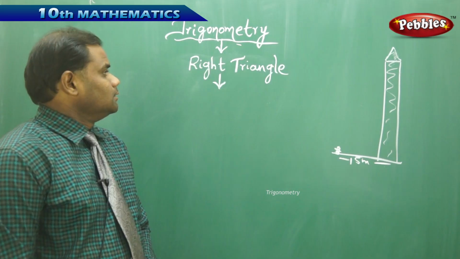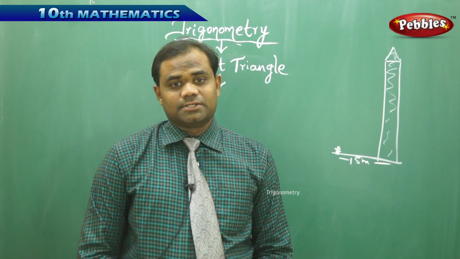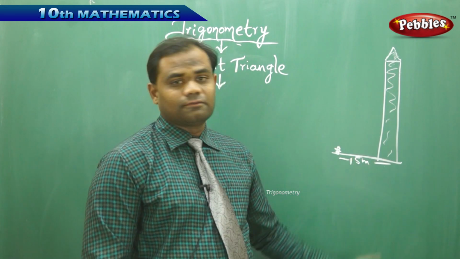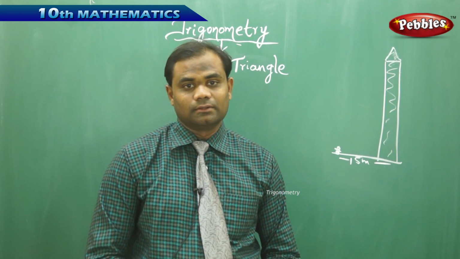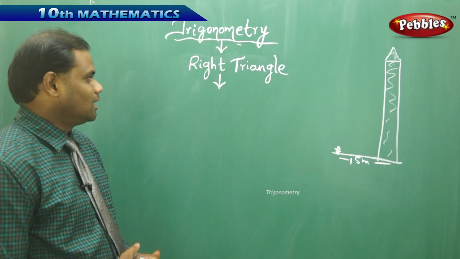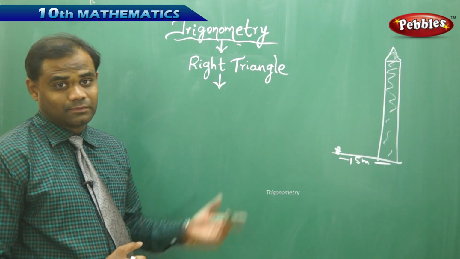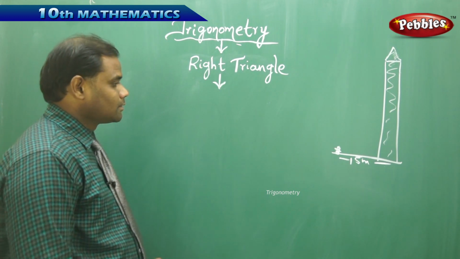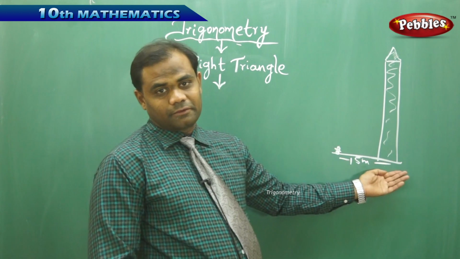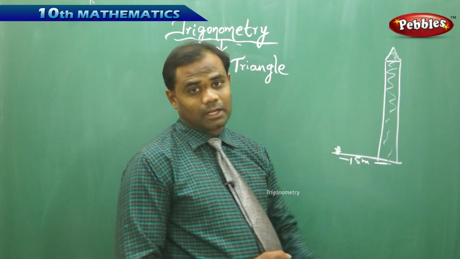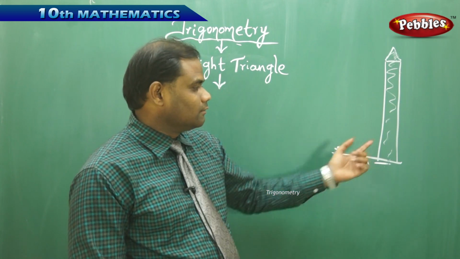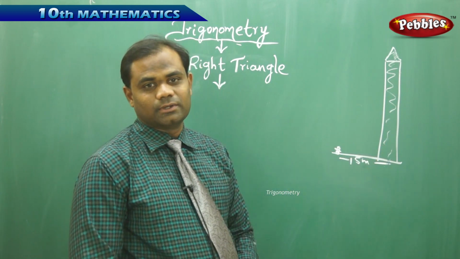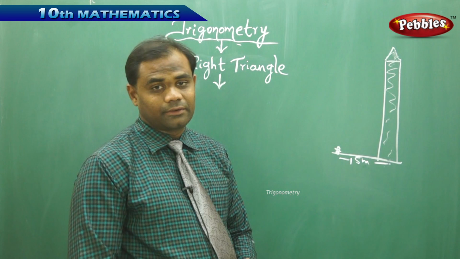Let's consider a right triangle and see how real life puzzles can be solved using trigonometry connected with the right triangle. To come up with this real life example, if this is the Qutub Minar, the height of which we need to find, imagine we can convert this real life puzzle into a right angled triangle.